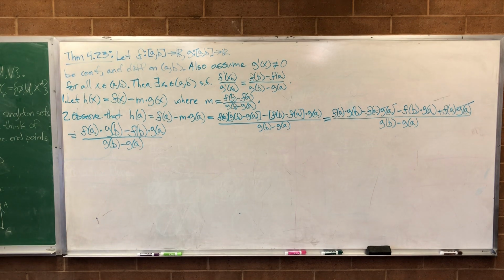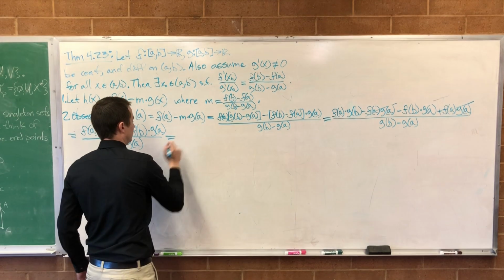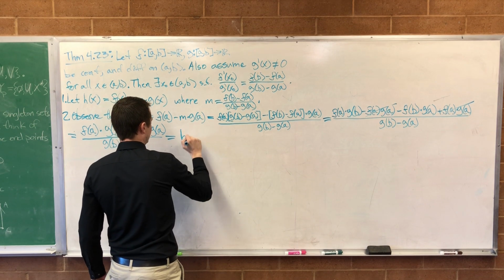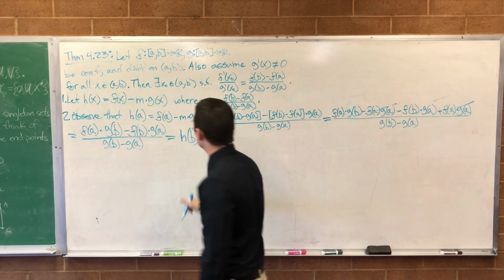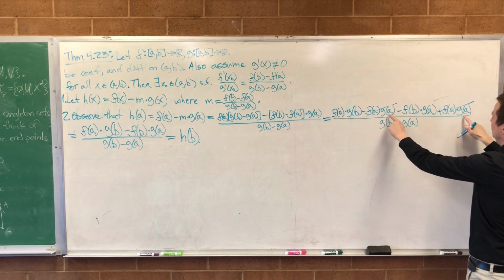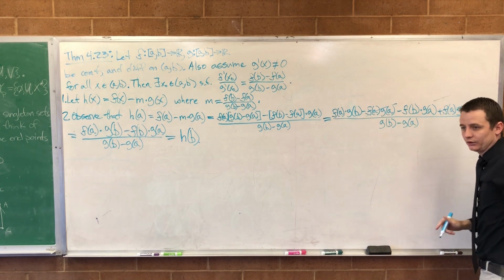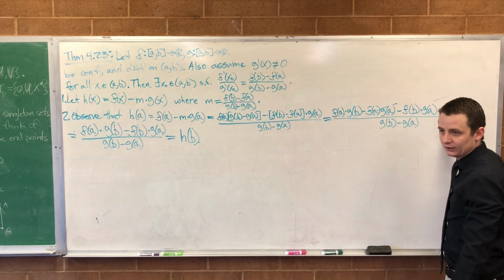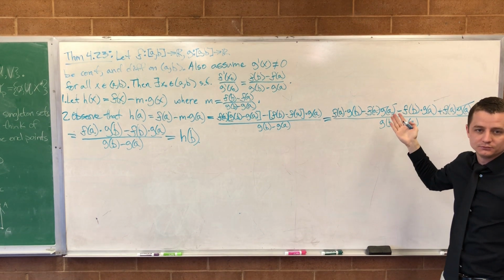Right? And this is equal to h of b. If we expand it out, h of b, we get a similar thing, except we'd have an f of b, g of b term that would cancel out and leave us with these terms. So I won't bother writing that one out as well. Make sense?